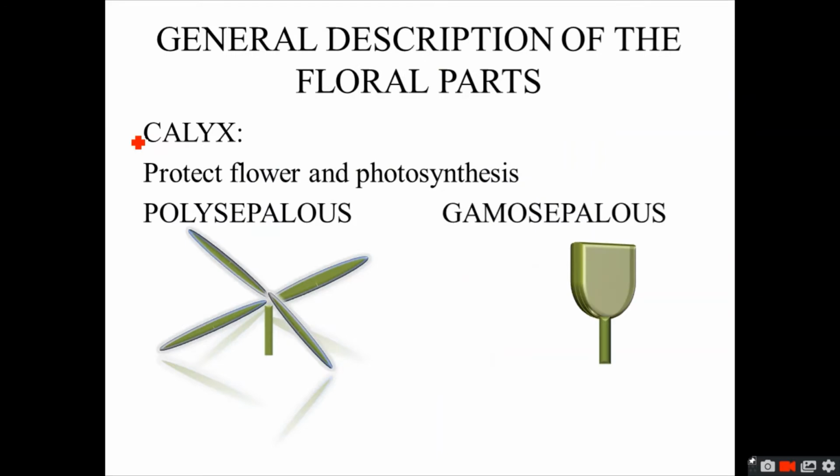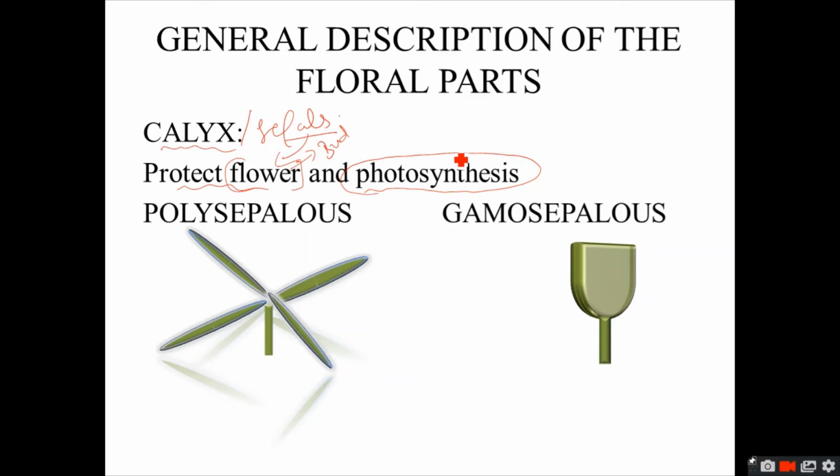So now I'm going to discuss the floral parts, and first the calyx or the sepals. Calyx or the sepals have a role in protection of the flower. So when the flower is in its immature form, or we call it a bud, the calyx covers the bud, and by covering the bud it provides protection, and at the same time the calyx is green in color.